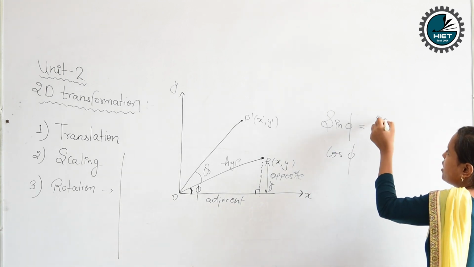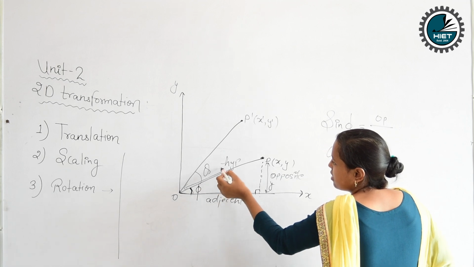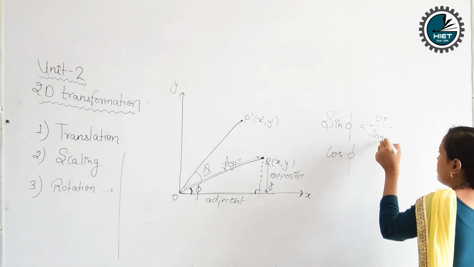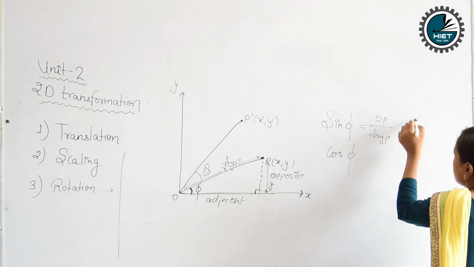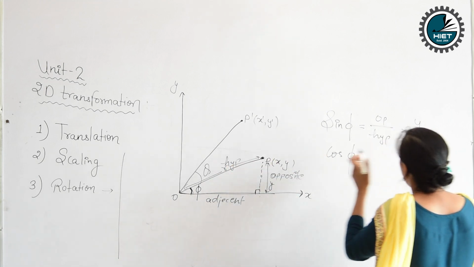What is sine phi? Opposite upon hypotenuse, where the hypotenuse is our distance from the origin. The opposite is the y distance, and the hypotenuse distance is r.